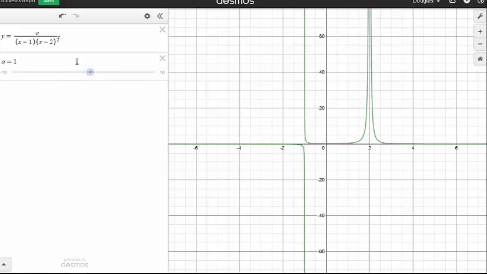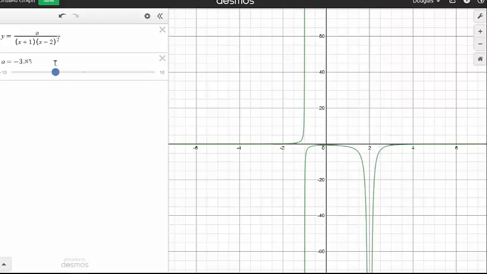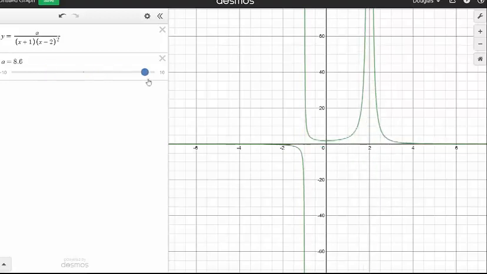Let's add a slider for a, because keep in mind, a is simply just an arbitrary constant. We can make it whatever we want. Note that everything flips to the other side if a is negative versus positive. Other than that, a is simply a scalar. It scales what a graph looks like in the vertical direction, right? It's a vertical stretch factor.